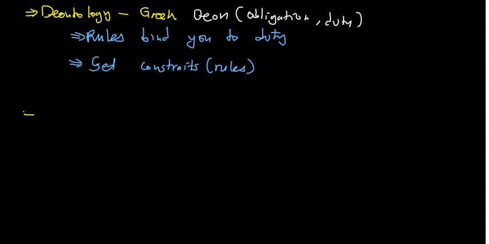So there are some characteristics of deontology that we have to know. Deontology looks at the action itself. So that is one characteristic. It looks at the action and not the consequence.